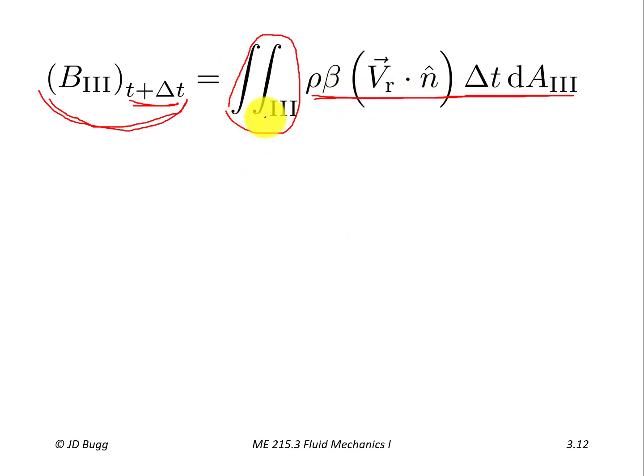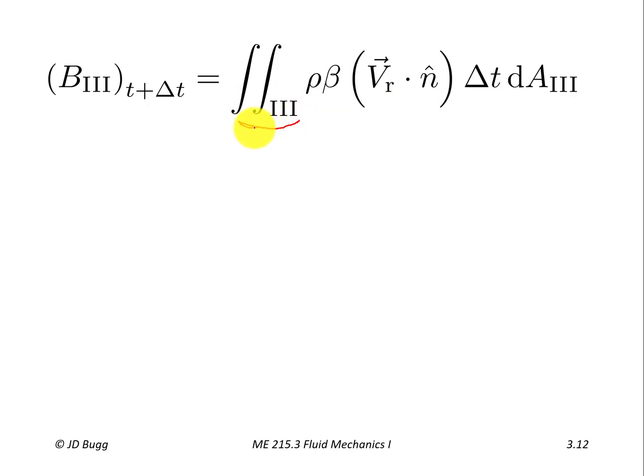Remember, integration is just adding. Add all of those small little volumes up to get the total amount of B. But notice this is a surface integral, right? Because the way that we're figuring out how much B there is in region 3 is by watching it cross that surface. So this is what we have so far.